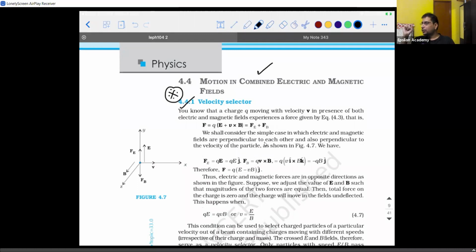The charged particle should be released in this combined electric and magnetic field in such a way that it moves in a straight line path. I repeat, it moves in a straight line path. Then what should be the value of the velocity of the particle is the question.